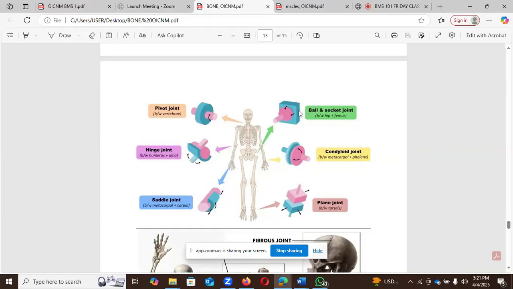This is the ball and socket joint. You can find it in your shoulder. The femur articulates with the pelvic bone through the ball and socket joint. Again, this humerus articulates with the shoulder with a ball and socket joint.